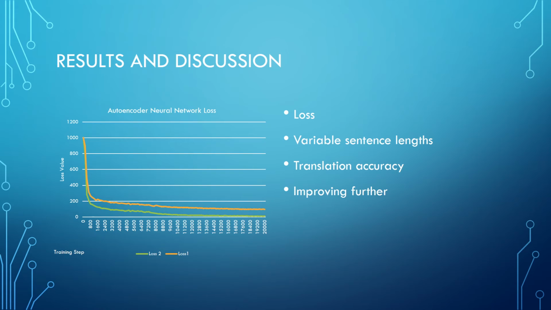So I could add layers and nodes and thereby train on a much larger data set. This would substantially improve the accuracy and natural sounding value of the translation from English to French.